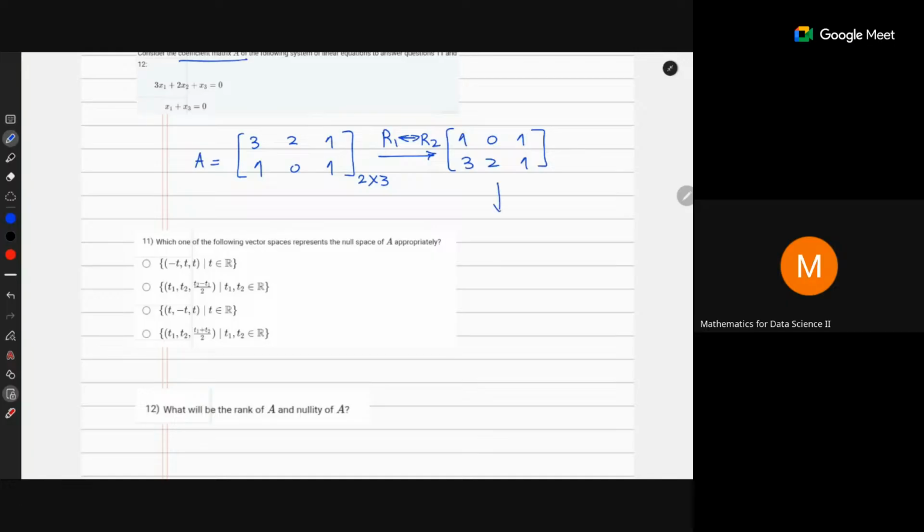Now let's subtract thrice of R1 from R2. What will I get? 1, 0, 1, and 0, 2, minus 2. And what should I do now? Divide by 2.